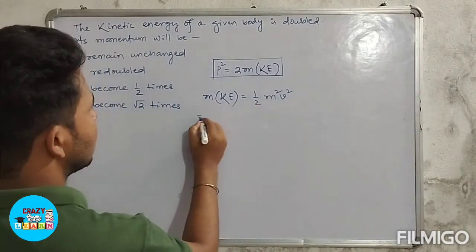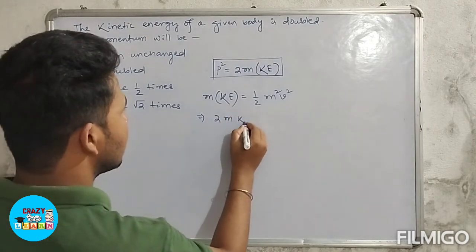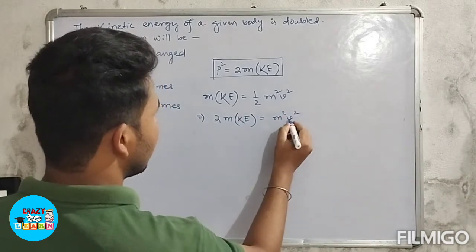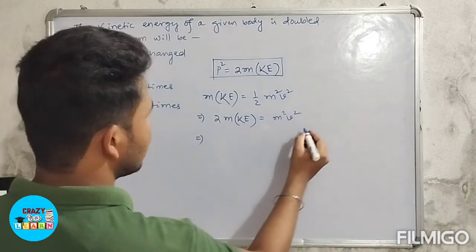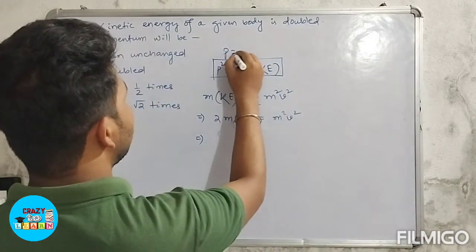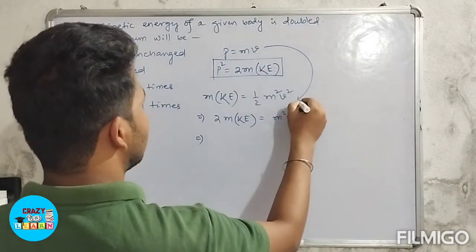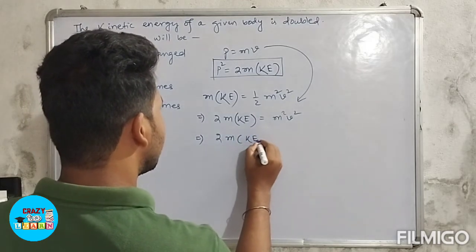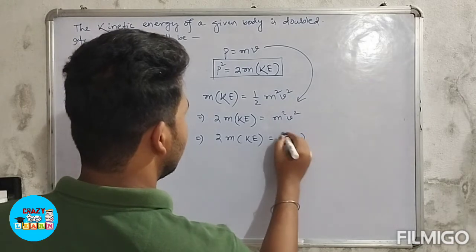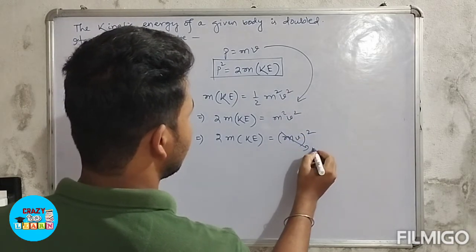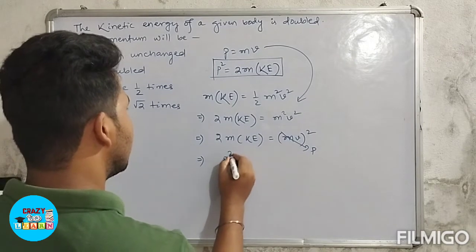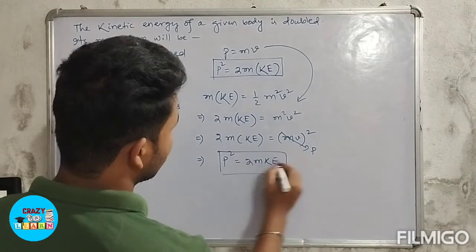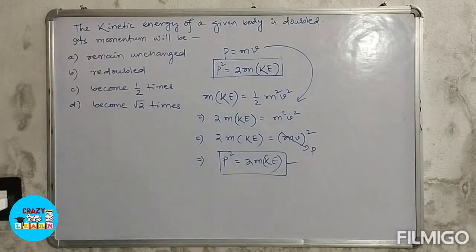Take 2 to this side, then we will get 2m kinetic energy is equal to m square v square, and mv is equal to p. We know momentum p is equal to mv, so 2m kinetic energy is equal to mv whole square. So mv is your p, so we are getting p square is equal to 2m kinetic energy.